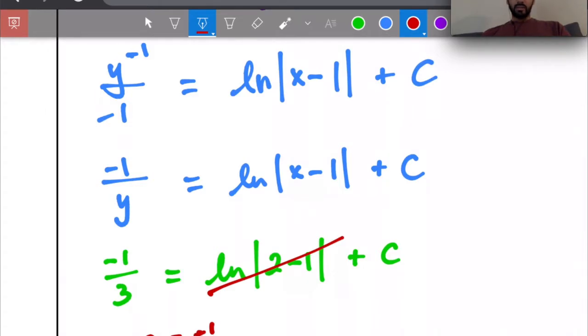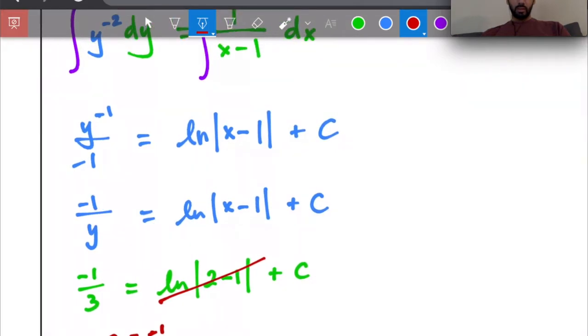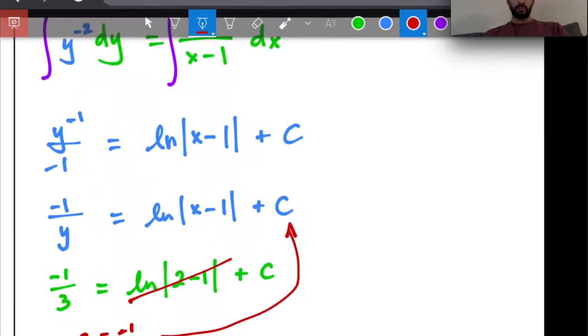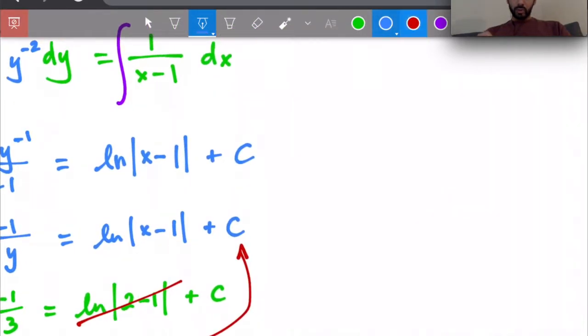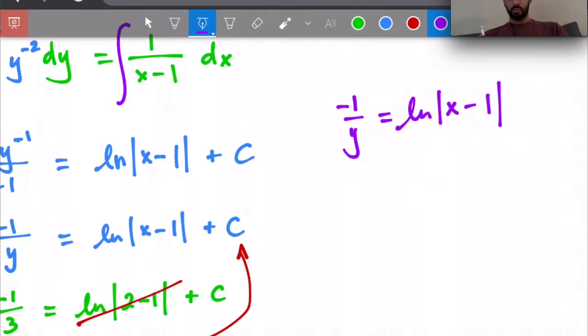So now I can take this and rewrite my equation with that -1/3 in there. My end goal is to write the y equals equation. Right now it's -1 over y. -1 over y is equal to natural log of x minus 1 minus 1/3 now instead of plus c. We figured out c is -1/3, so I put that into the equation now.